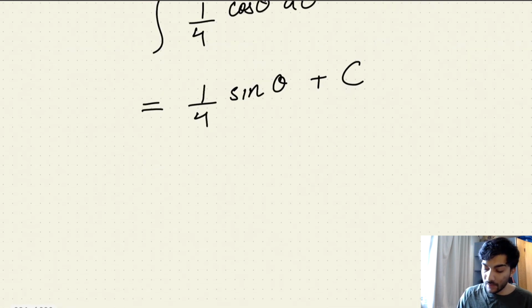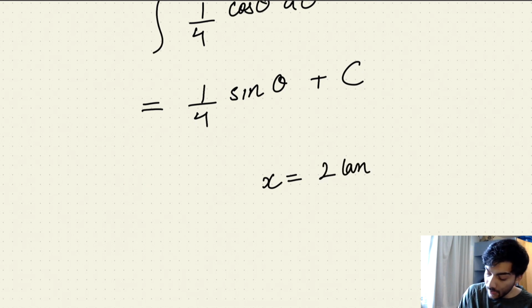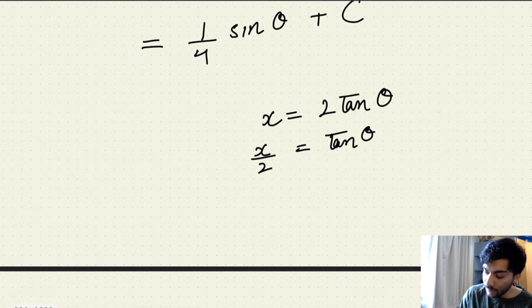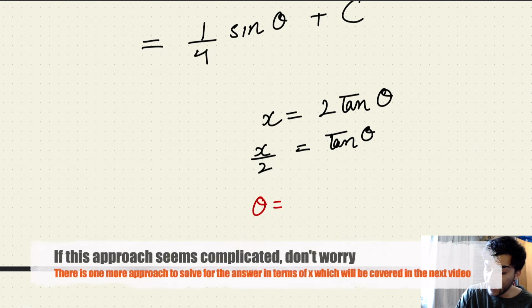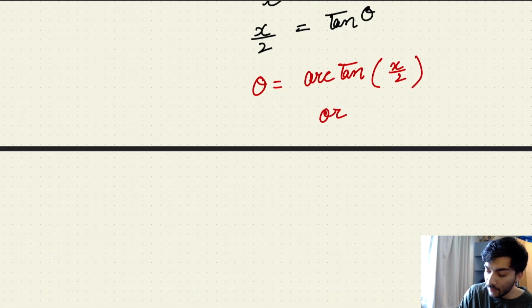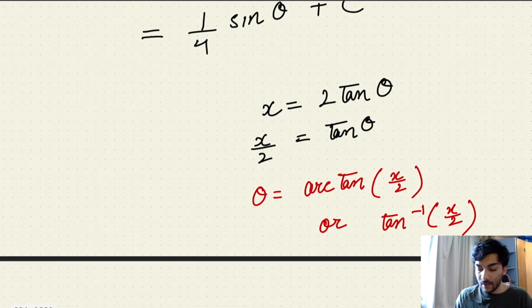And now since we want the final answer in terms of x, we know that initially we assumed our x to be 2 tan theta. So x by 2 would be simply tan theta. To calculate theta, we take the arctan on the left side, so theta would be arctan x by 2, or if you like writing tan inverse, you can write this as tan inverse x by 2 as well, right?